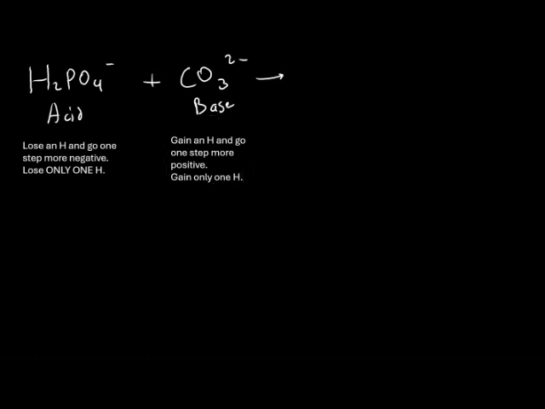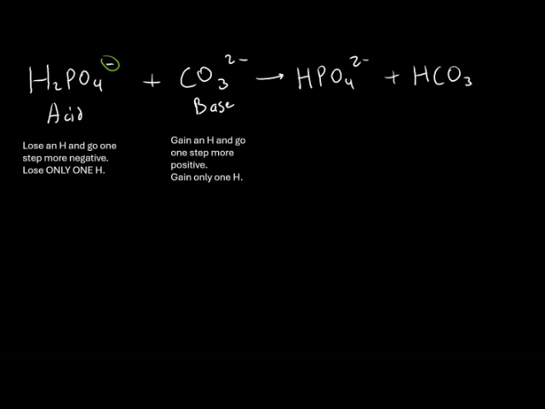So if H2PO4 loses a hydrogen, it goes from 2 hydrogens down to 1, giving us HPO4. If we were already negative and want to go one step more negative, we are now 2-. To that, we'll take our base, CO3 2-, and give it an H. This changes the formula to HCO3. We also go one step more positive.